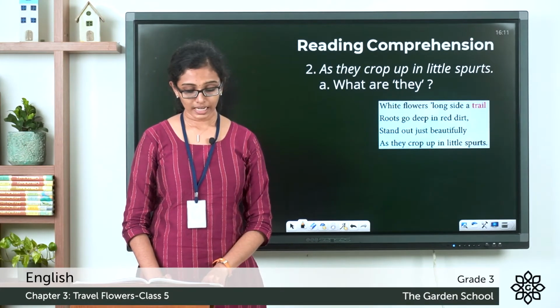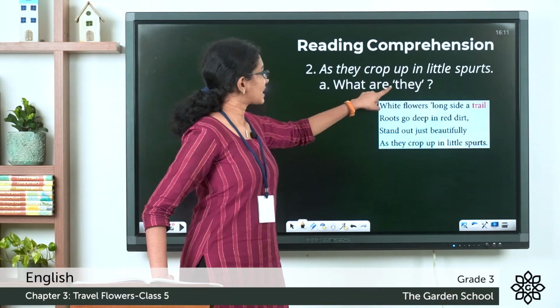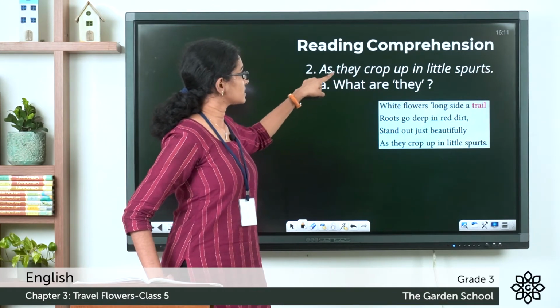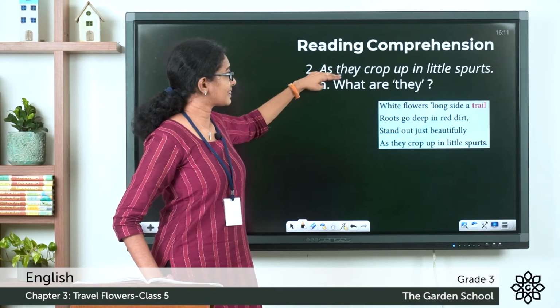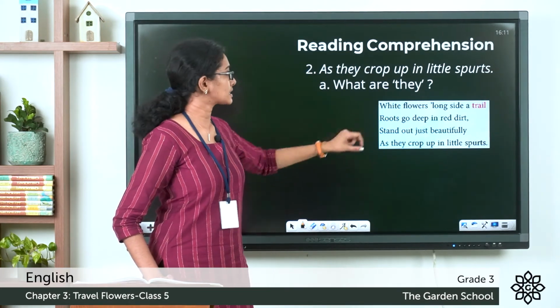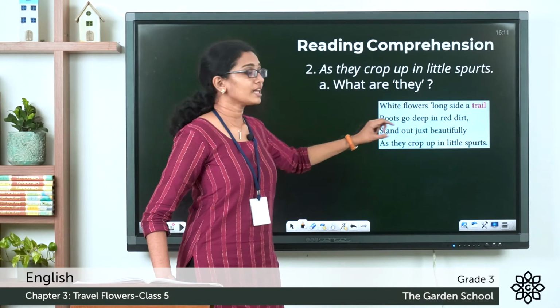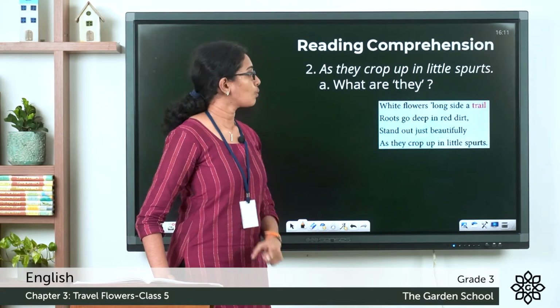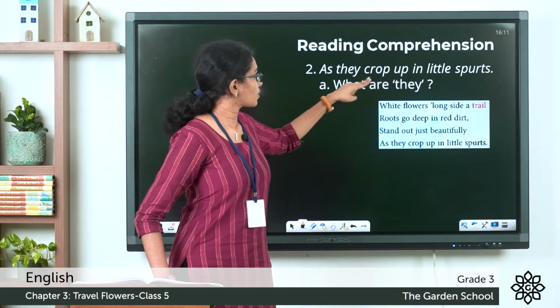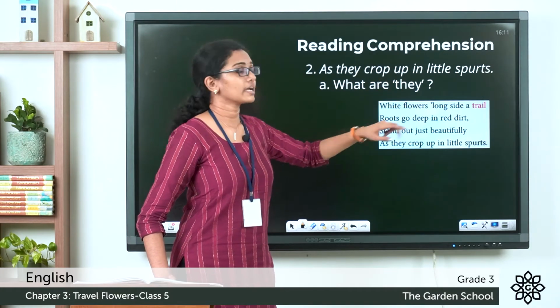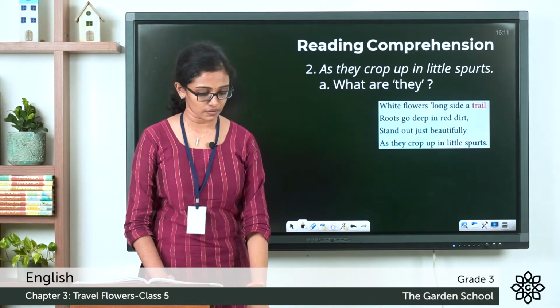So let's see question number 2. 2A, what are they? So what are this they that is referred here as they crop up in little spurts? What are this they mentioned in the stanza? Here the poet is mentioning the white flowers. The white flowers crop up in little spurts. So how do you write the answer for that?